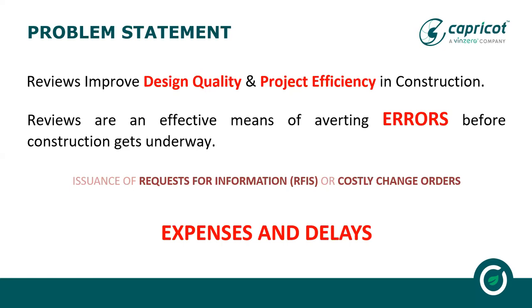This error is not lining up with the actual condition of the construction site, right? This error then may cause the issuance of RFI, which is the request for information, and maybe even give rise to costly change orders, right? So an error in a drawing can have such major effects on the project.